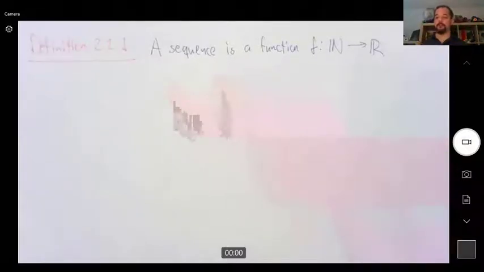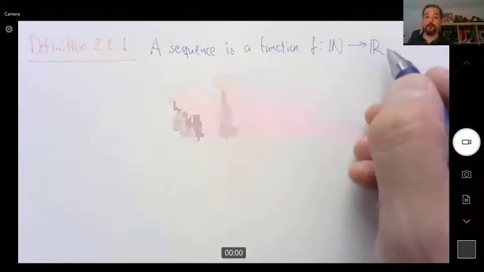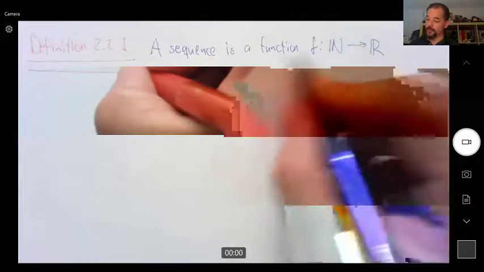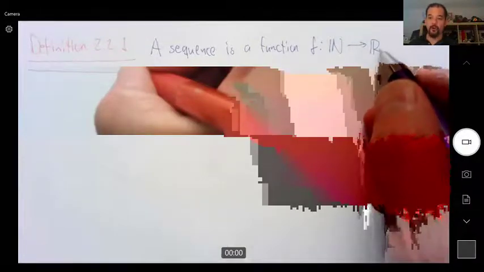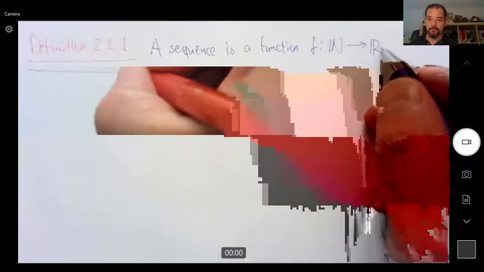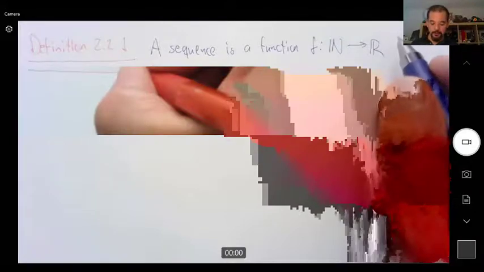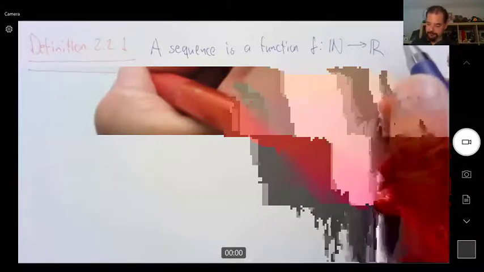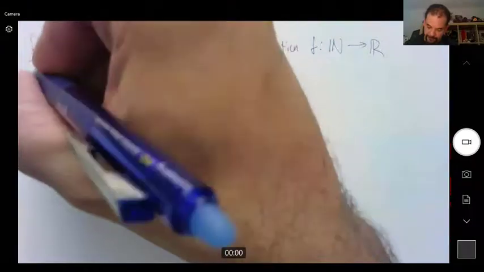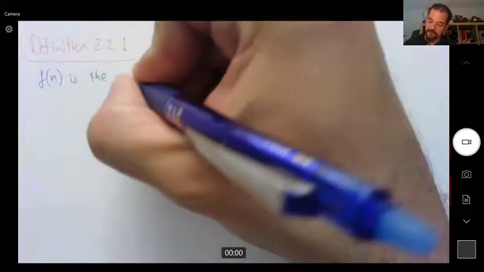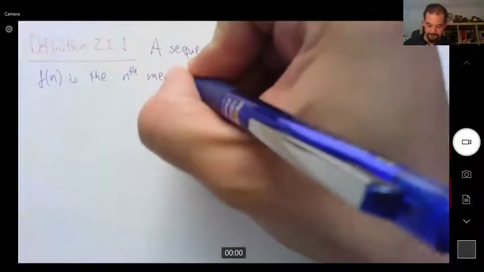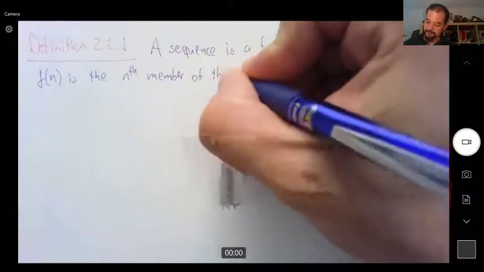On the previous theorem, we saw that it's impossible for this to be onto, right? If you try to make it onto, you cannot. There are always leftover real numbers. But that's fine. Maybe you don't want all of them. You just want a few of them. And we call f of n the nth member of the list.